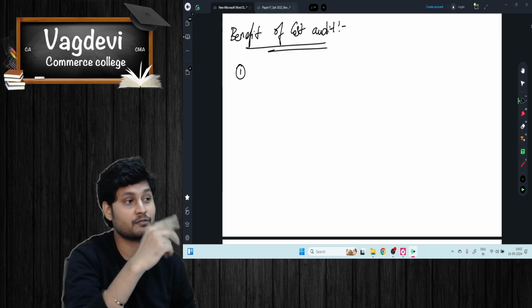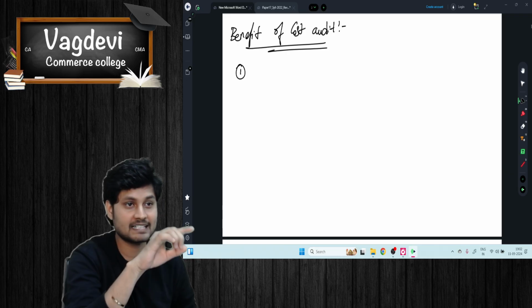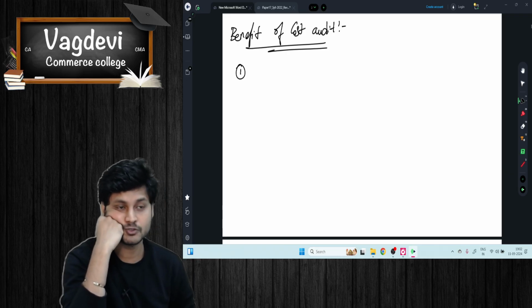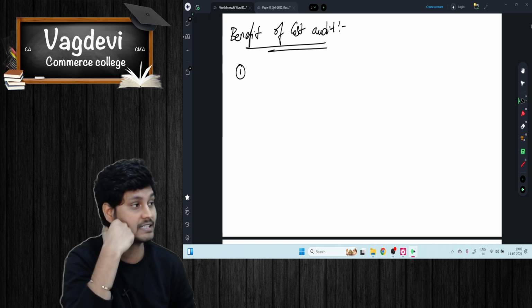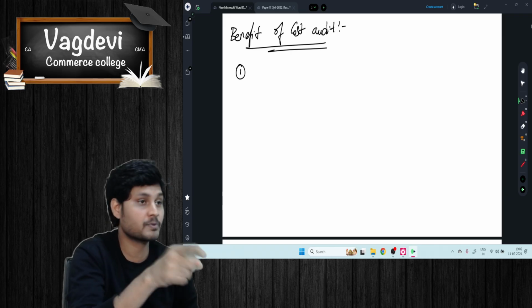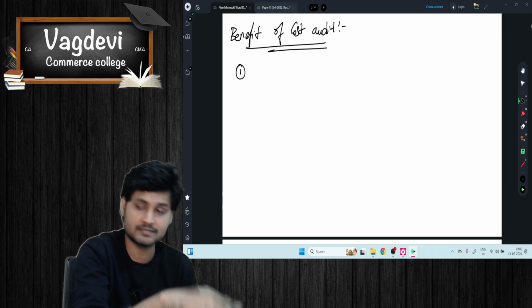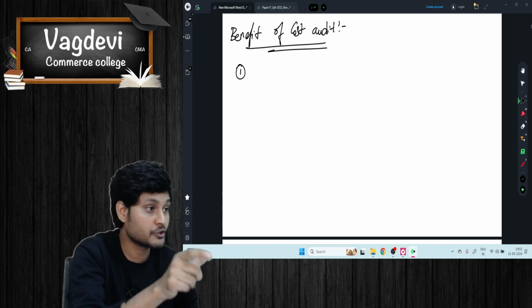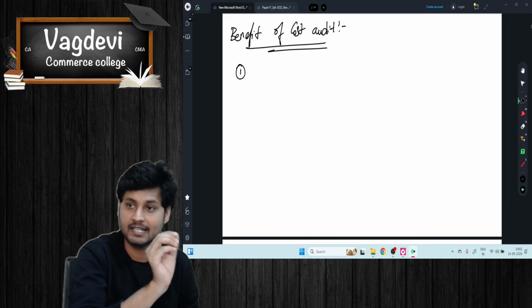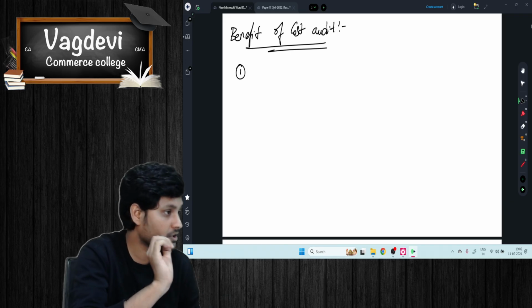Exactly after 100 years, the 2013 Act came into picture. As per the 1956 Companies Act, they introduced cost audit for the first time. In which year? 1965 is the first year for cost audit.